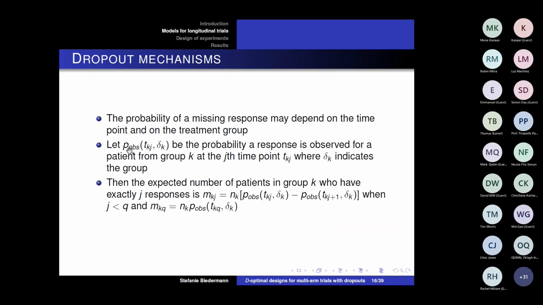So if we define p_obs as the probability of observing a response for a patient from group k at the jth time point, then we can also work out the expected number of patients in group k who have exactly j responses as m_kj, which is the initial number of patients in the group times the probability of observing at point j minus the probability of observing at point j plus 1.